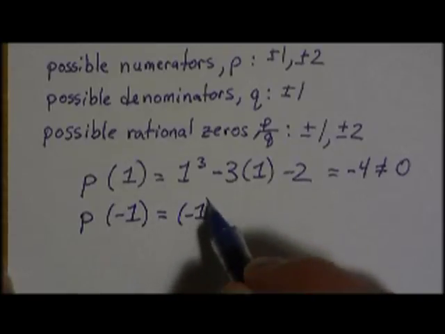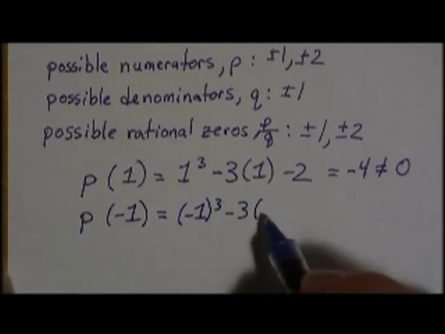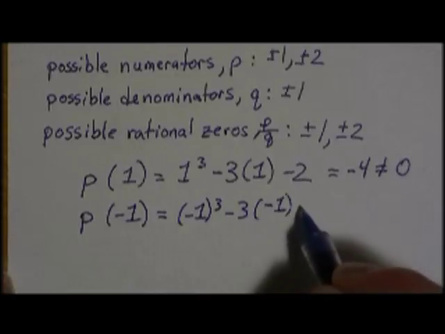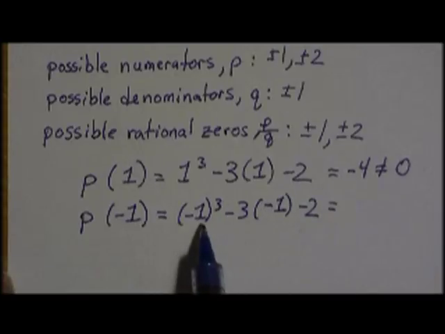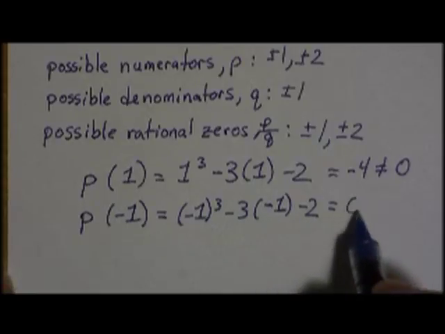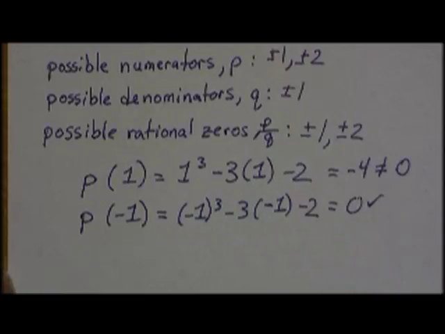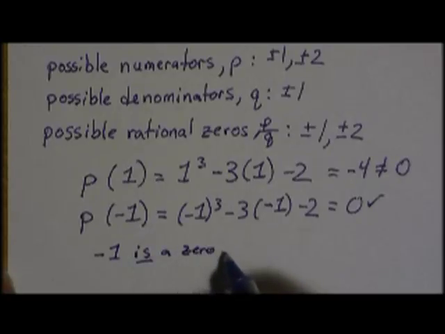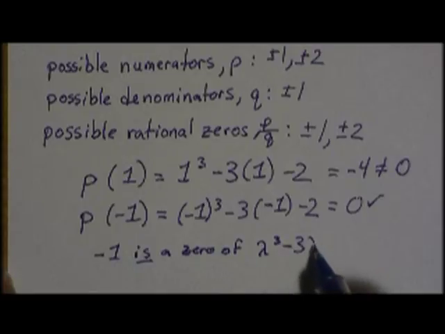So I'd have negative 1 cubed minus 3 times negative 1 minus 2. So we get negative 1 plus 3 would be positive 2 minus 2 is 0. Alright, so that means that negative 1 is a 0 of the polynomial, which was lambda cubed minus 3 lambda minus 2.